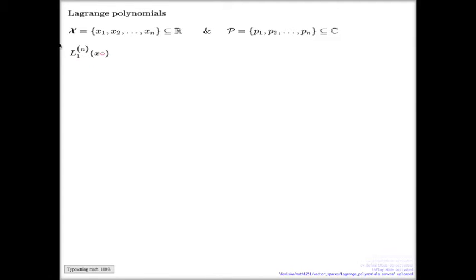I'm going to use the index at the bottom to index these n polynomials. The index at the top just shows you the degree of these polynomials. It will be n all the time, so you can almost ignore this index. I will have n polynomials, indexed with the bottom index. The top index just reflects that these are polynomials of degree n.